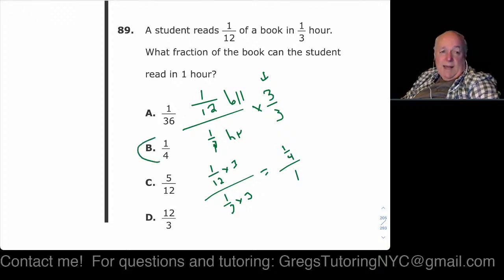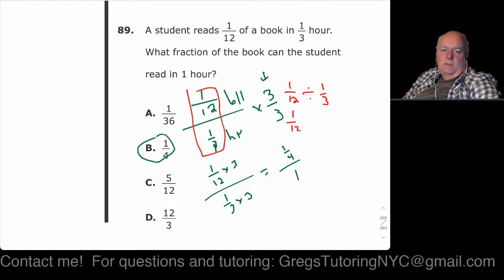Okay, there's a second way to solve this, and there's just multiple ways to solve a lot of these. I'm not talking them all through. If we just focus on this here, again, that's 1/12 divided by 1/3. And if we do multiplication by the reciprocal or keep, change, flip, we get 1/12 times 3 over 1. And of course, those can cancel out.